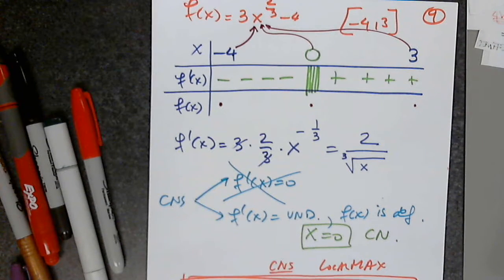So if you'd like to go to your graphing calculator, punch in this function, 3 times x to the 2/3 minus 4. So in y equals, 3 times x and caret in parentheses 2/3. Close the parenthesis, please.